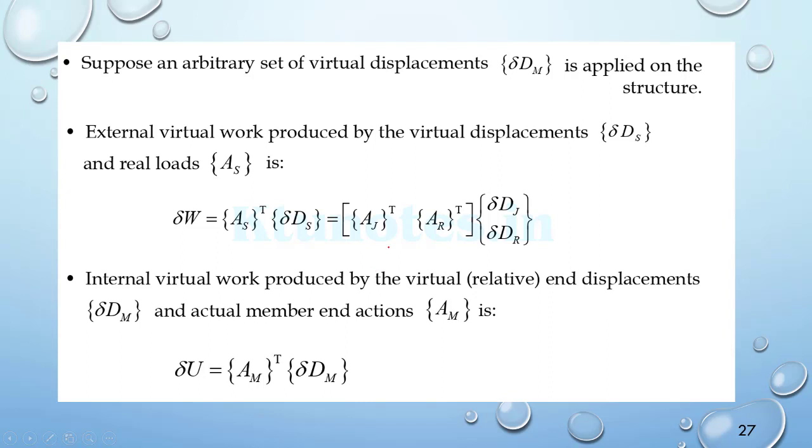So AS is equal to AJ and AR, the joint and restraint actions respectively. DS will be DJ and DR. The internal work produced by the virtual relative end displacement delta DM and the actual member action AM is similar to delta W. Delta U is equal to AM transpose into delta DM for the member case.